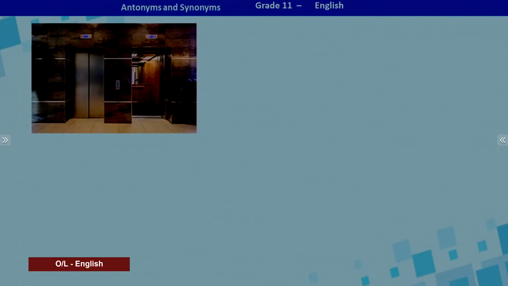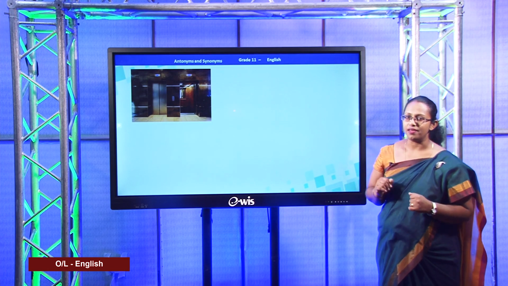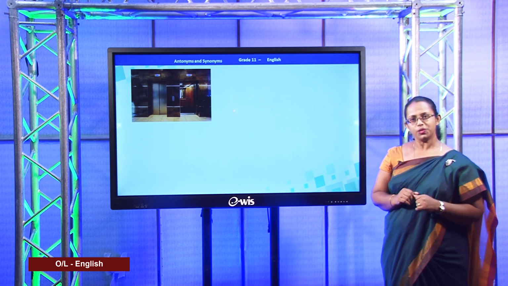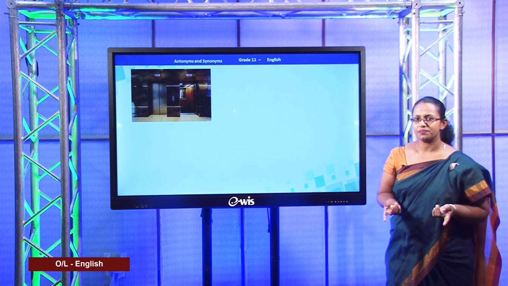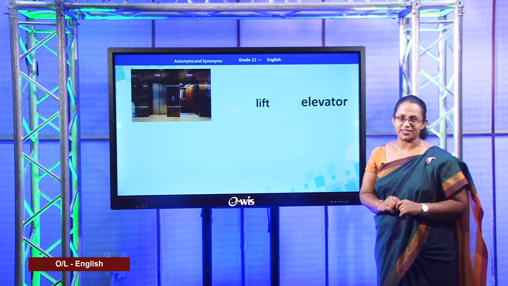Do you know what this is? I'm sure you know it. In big shopping malls, in some hospitals, you can see this. Of course, that is the lift. Do you know another word for the lift? Yes, it is elevator. Good that you know it.